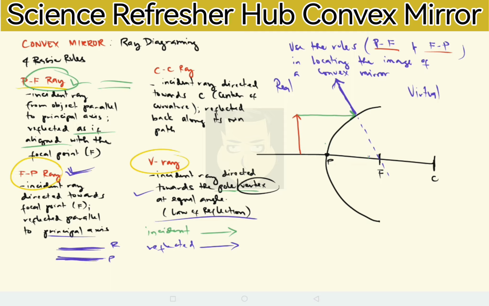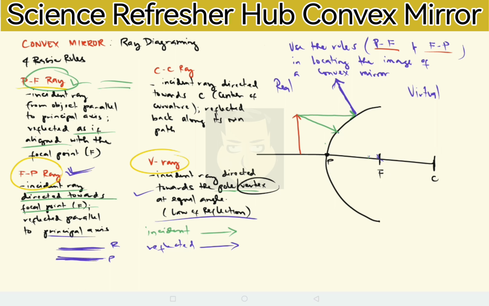Again, this is our focal point, or F. So we have to make a guide here, just like that. Then that is where we draw our incident ray directed towards the F. So we will just do it this way. It's now towards the F. Okay, and then we will erase these guides here.